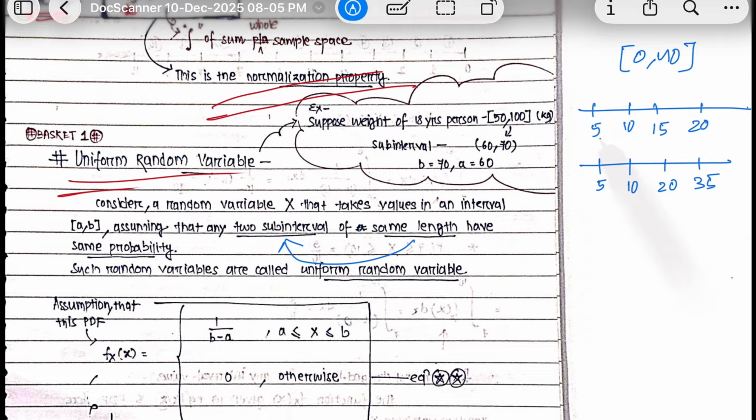The subintervals 5 to 10, 10 to 15, and 15 to 20 have the same length, 5, 5, 5. But an interval from 10 to 15 of a different length cannot be a subinterval. Subintervals must have the same length and the same probability.